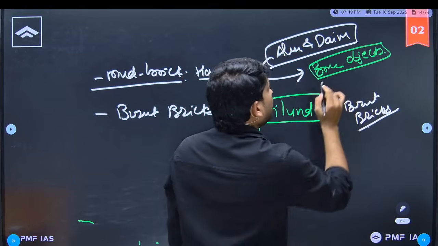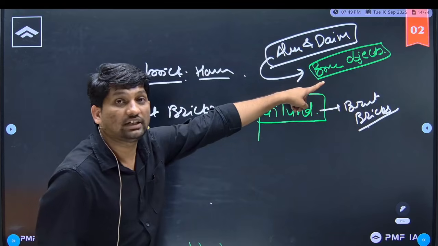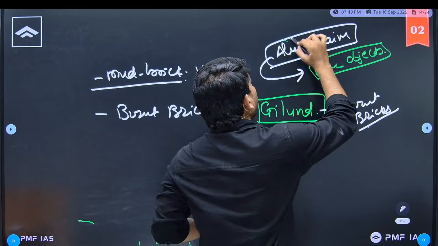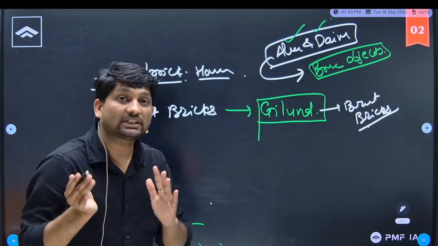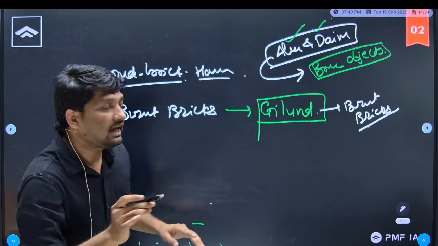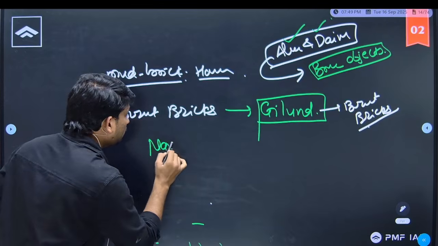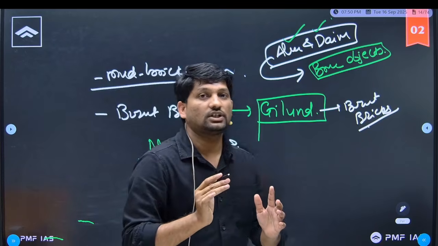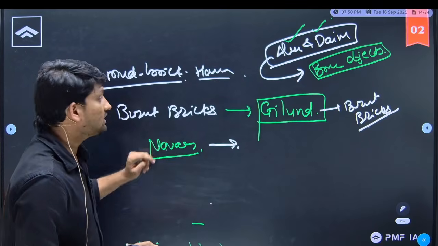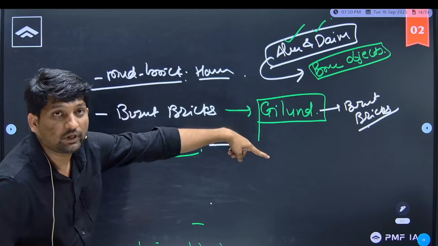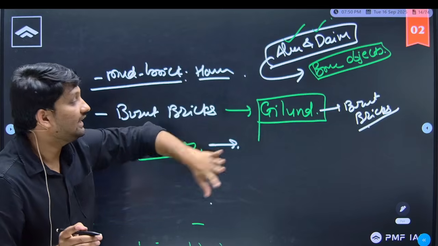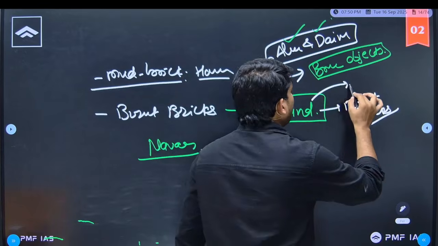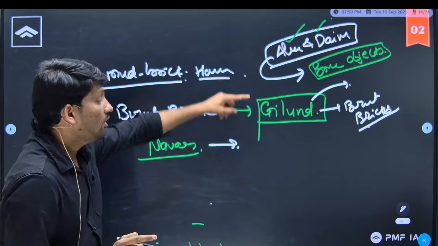In general, during the Chalcolithic culture, we won't find bronze objects, but we have found bronze objects in Ahar and Daimabad. In the next point, subsistence agriculture, I have given you the example of Navdatoli. Why is Navdatoli famous? Because we found evidence of all the food grains from Navdatoli. Now this is the third point. Generally, they did not use burnt bricks, but I have given you the example of Gilund, where we have found evidence of burnt bricks.